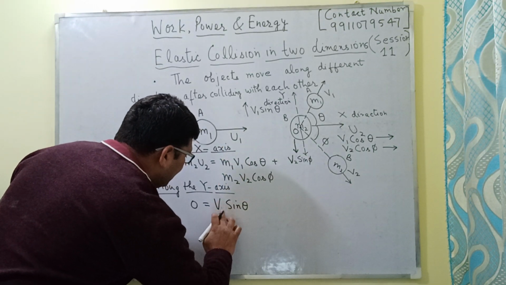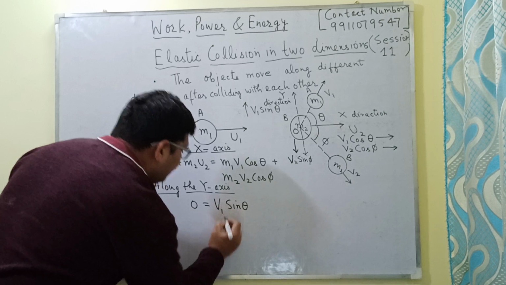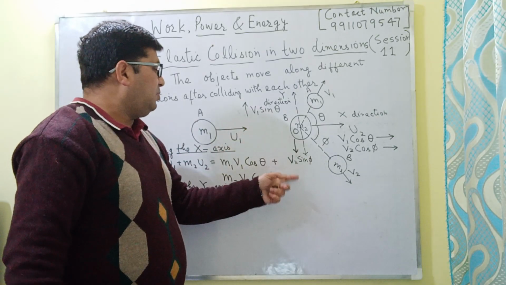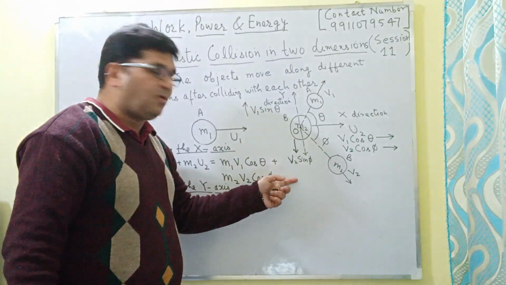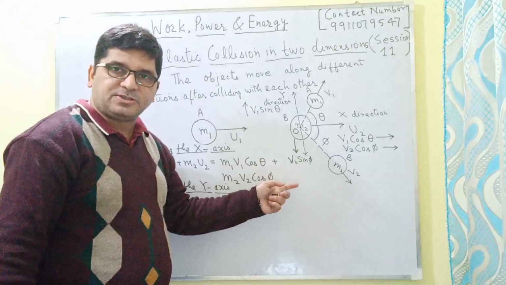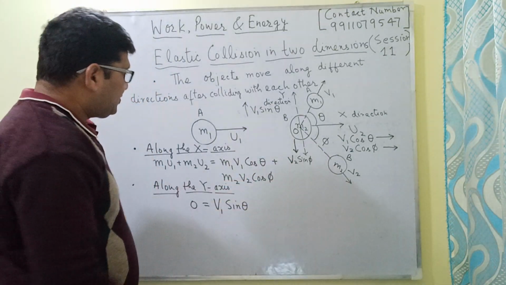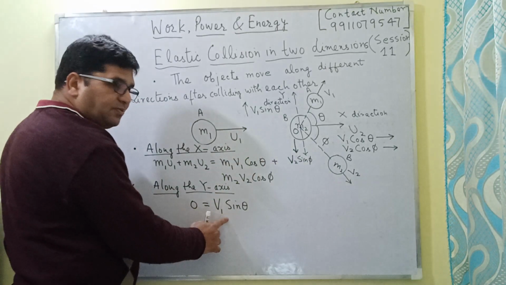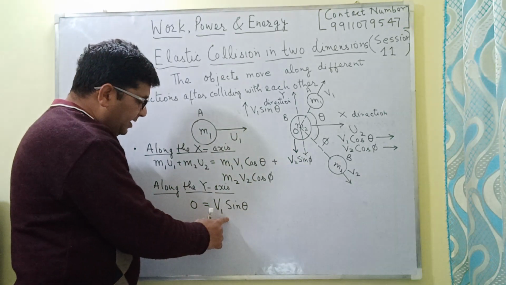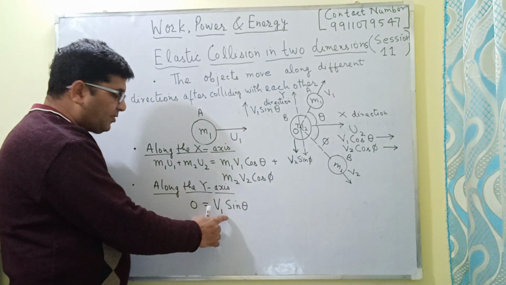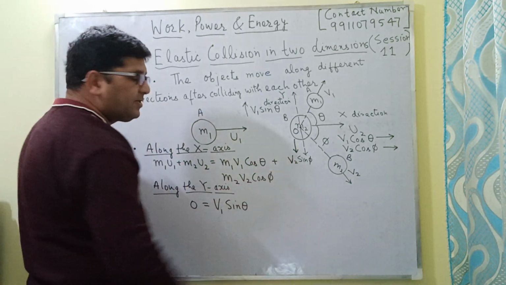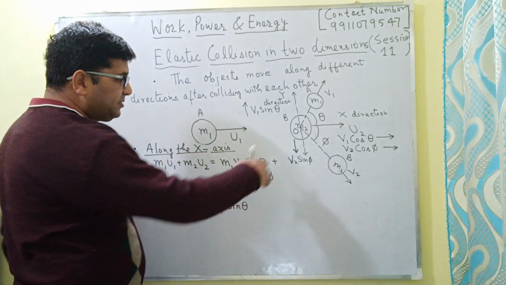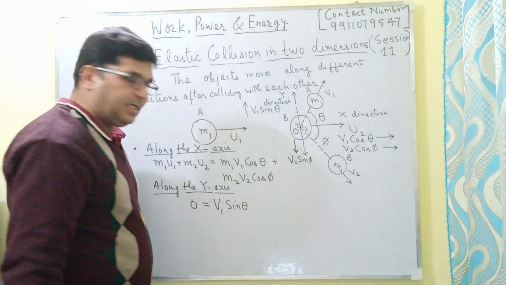Now here you can see that these two velocity vectors are acting in the opposite direction. Therefore, if I am taking this velocity vector as positive, then this velocity vector will be taken as negative because it is pointing in the opposite direction.